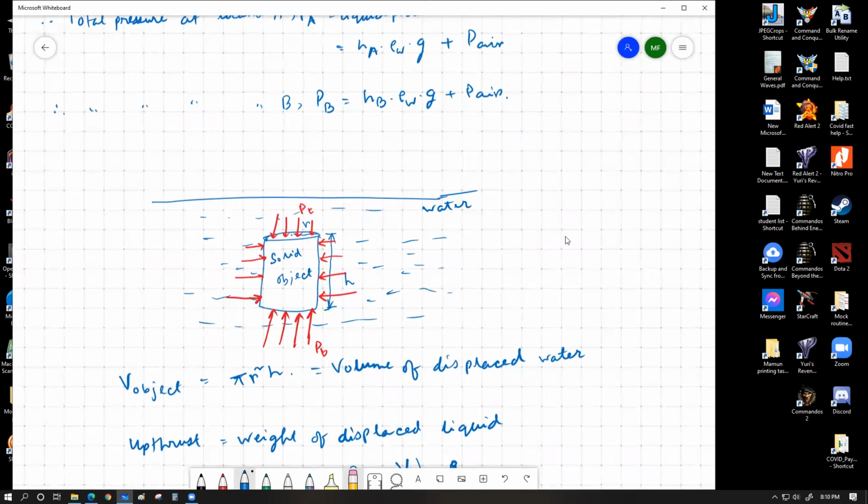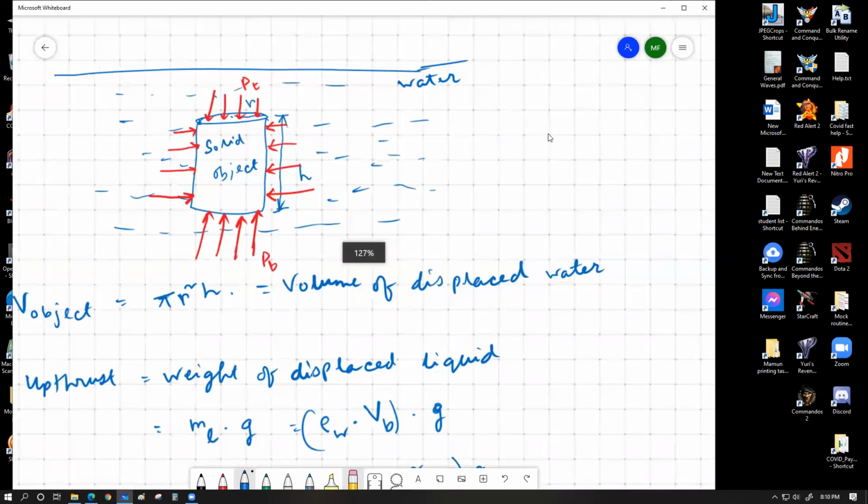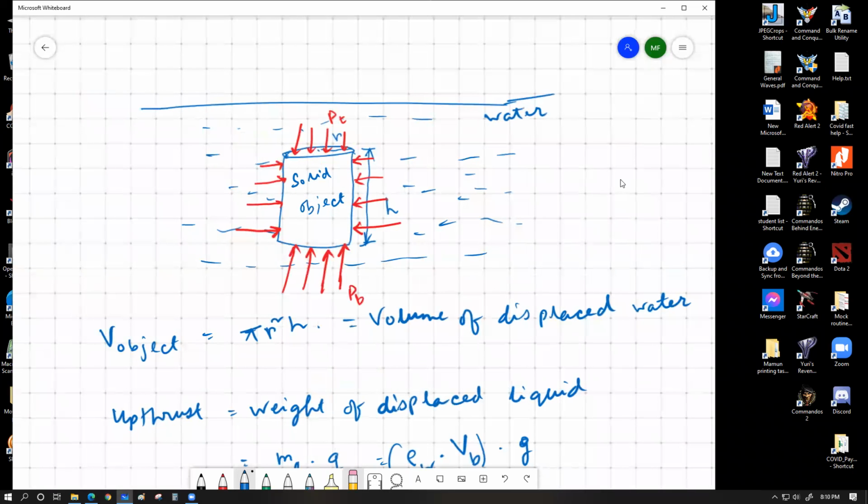For the next part, I'm going to show you how to do the calculation for pressure. Over here, I have a figure, not drawn to scale, but somewhat attempted to be drawn to scale. What I'm trying to show you in this figure is that if we have some water over here and a cylindrical solid object, which has a radius of r and a height of h, placed vertically within the liquid body, then at the top surface the pressure would be less, at the lower surface the pressure would be more because of the height difference.